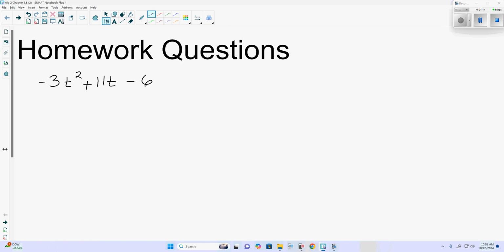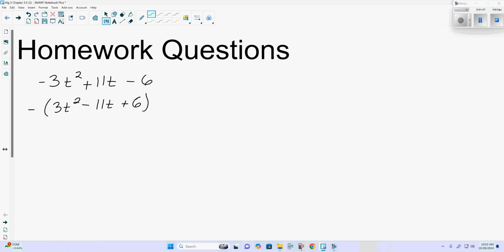All right, we're going to look at one of the homework problems on 3.1, number 17. What it wants us to do is to factor this here. Now, the first step in factoring is to see if there's a greatest common factor. A negative will be considered a greatest common factor, because negative 3t squared plus 11t minus 6 doesn't have a numerical number that can go into all three terms, but we can factor the negative out, because we don't want that first term being negative.